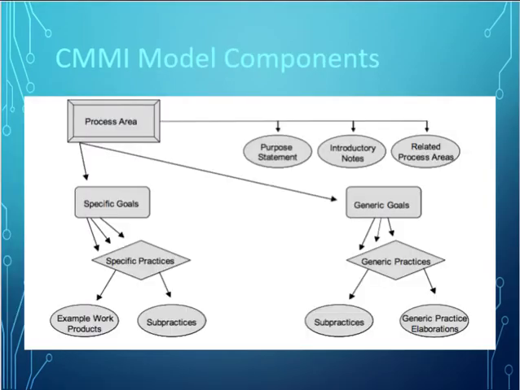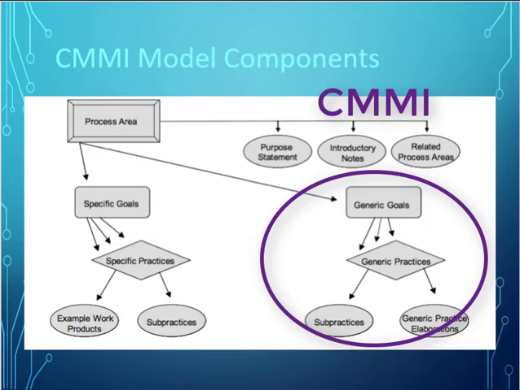Each level within CMMI is associated with a few process areas. Those are essentially the parts of your organization that have to develop some skill in order to achieve that level. And within that process area, they have generic goals, which are the CMMI goals.